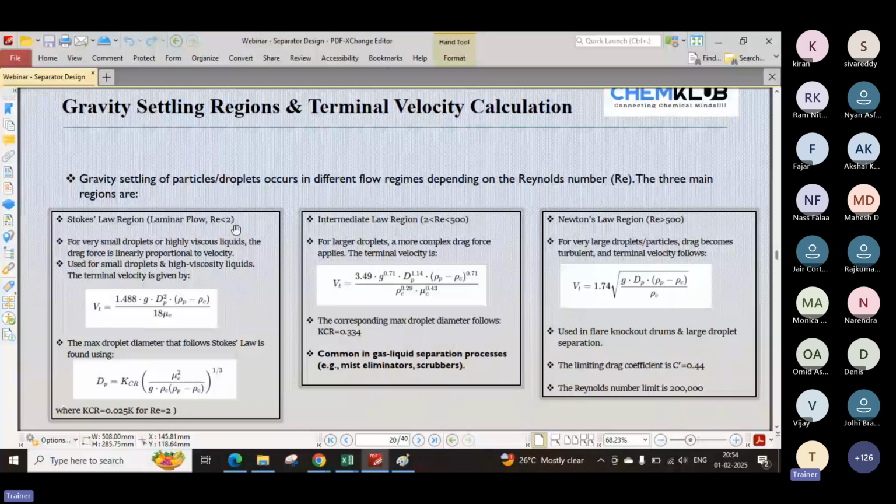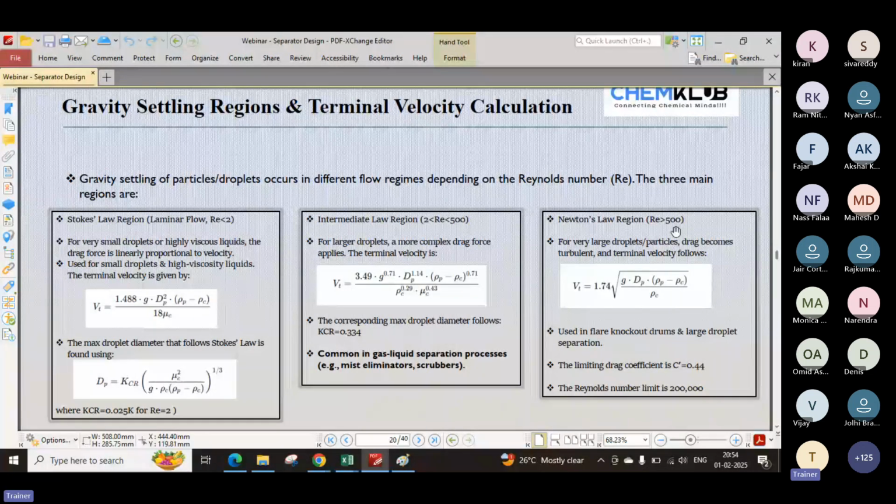When you have a Reynolds number between 2 and 500, we use the intermediate law. When you have a Reynolds number more than 500, we use Newton's law.